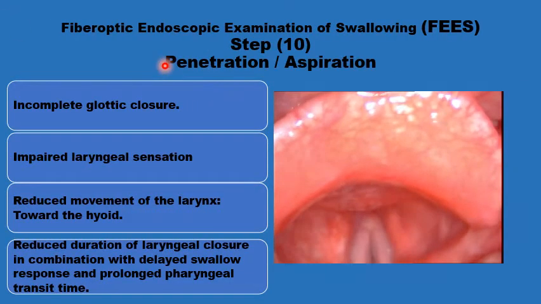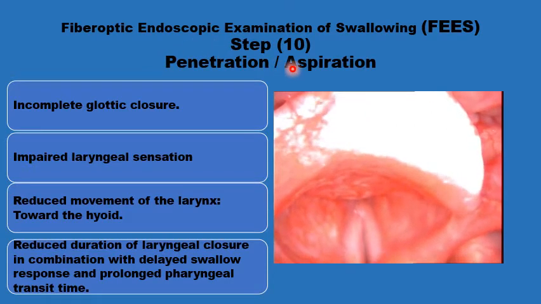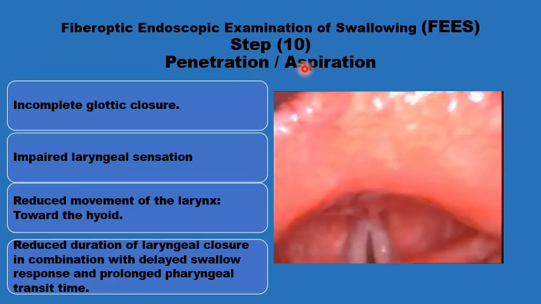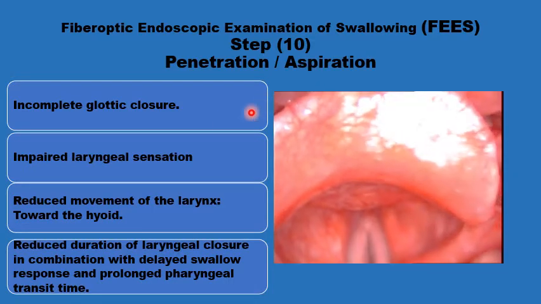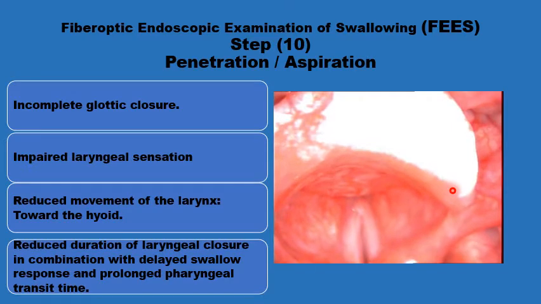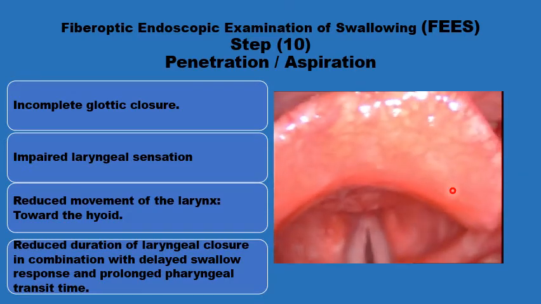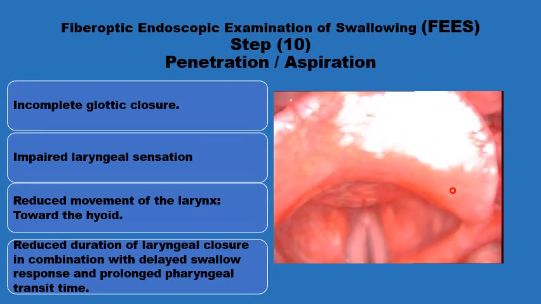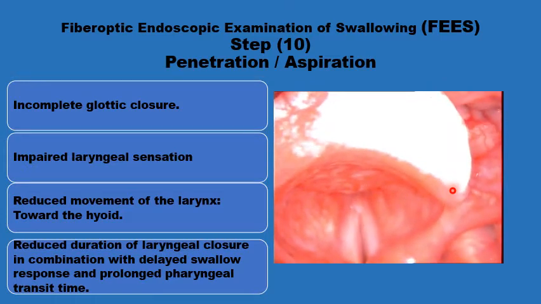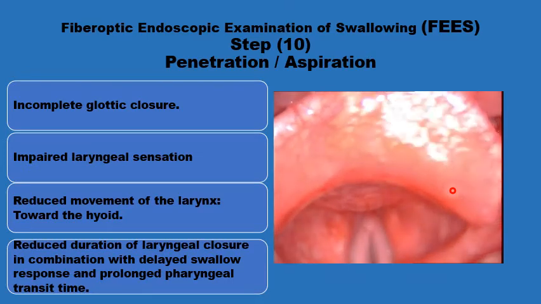Step number 10 is to notice any laryngeal penetration or any aspiration of the colored bolus into the airway. This could happen due to a variety of reasons, including incomplete glottic closure, impaired laryngeal sensation, reduced movement of the larynx, particularly elevation during swallowing due to any defects in the hyolaryngeal elevation, any abnormalities of the hyoid bone elevation during the swallowing.